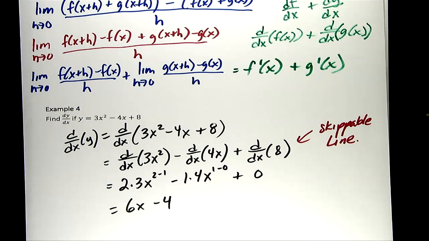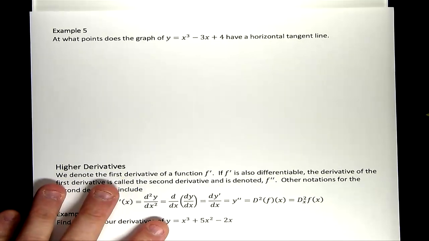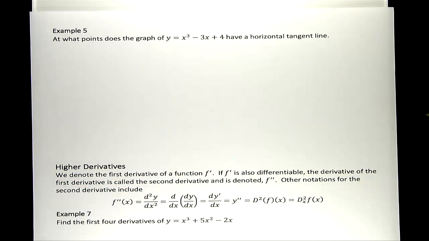All right, onward. At what point does the graph of y equals x cubed minus 3x plus 4 have a horizontal tangent line? What's special about a horizontal line?